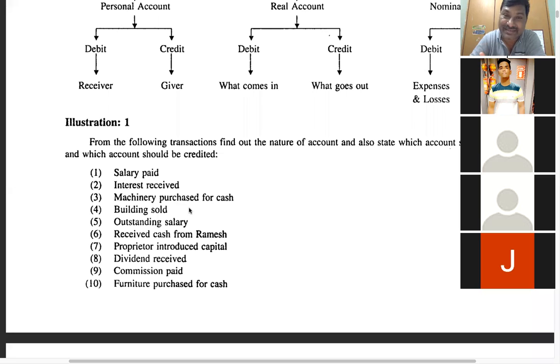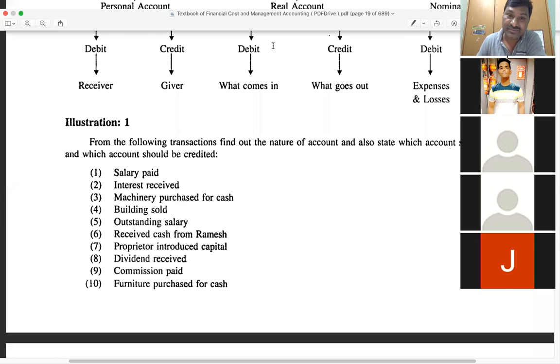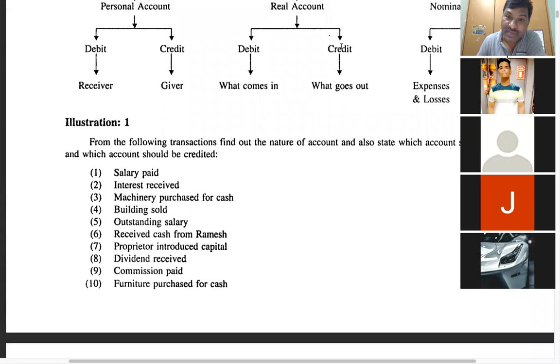It is an asset. When it is an asset, what is the account related to asset? Real account, simple. And what's the rule of real account? Debit what comes in, credit what goes out.